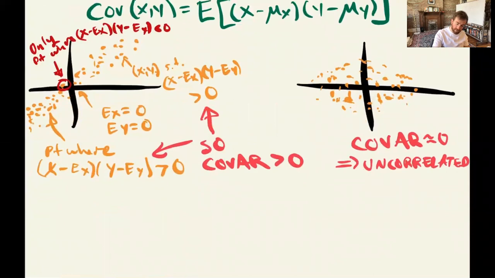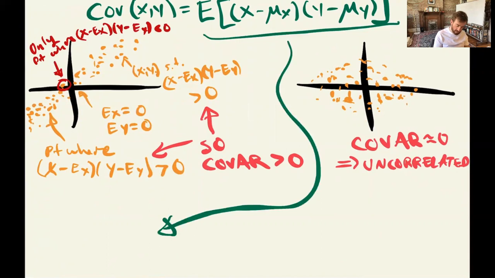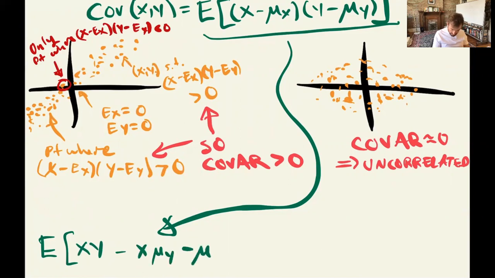And so I'm going to take this expression and weave it on through. All right, well, let's go ahead and multiply things out. So we know that we have the expectation of x times y minus x times mu y minus mu x times y plus mu x times mu y.